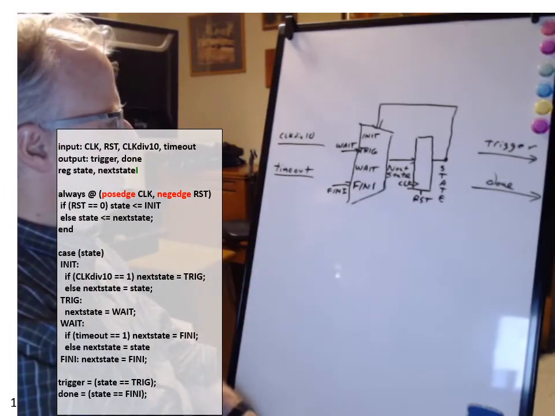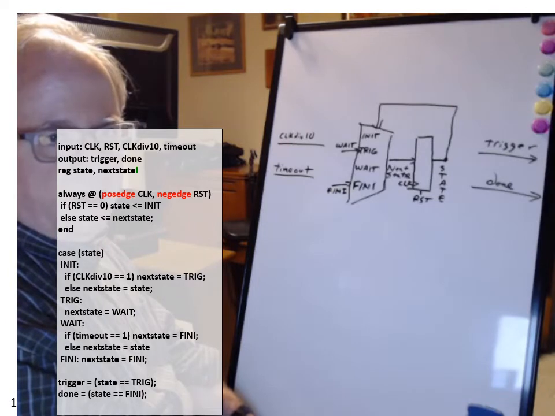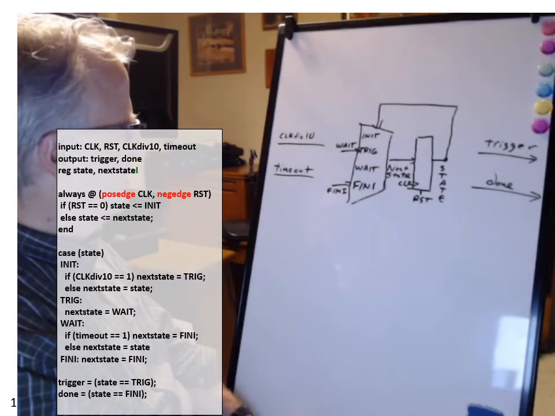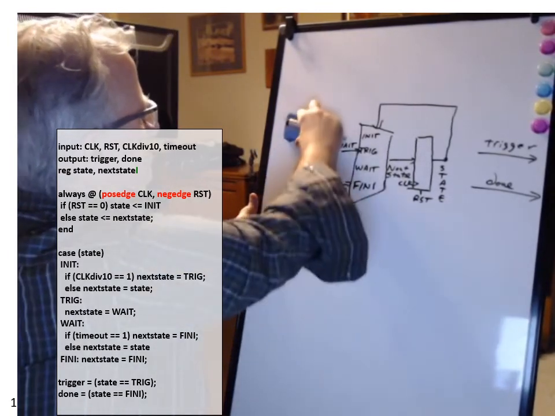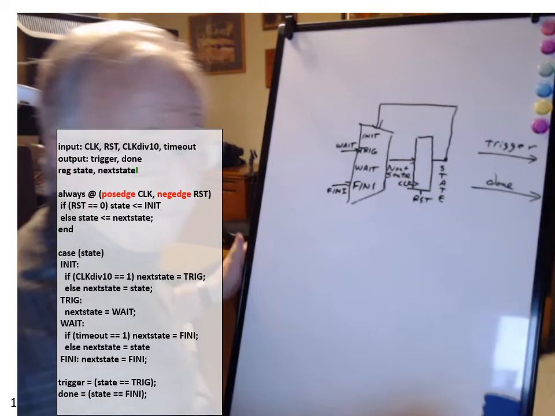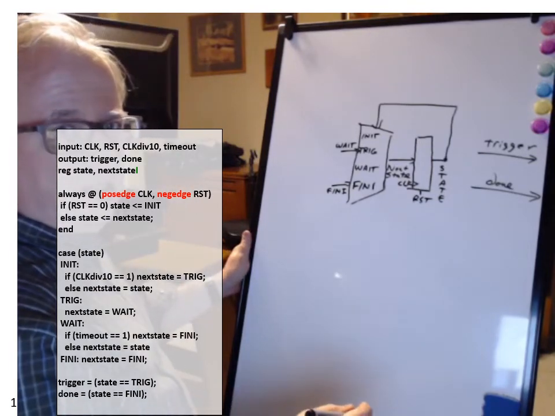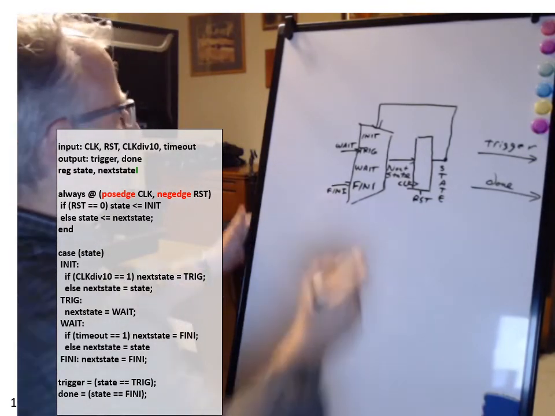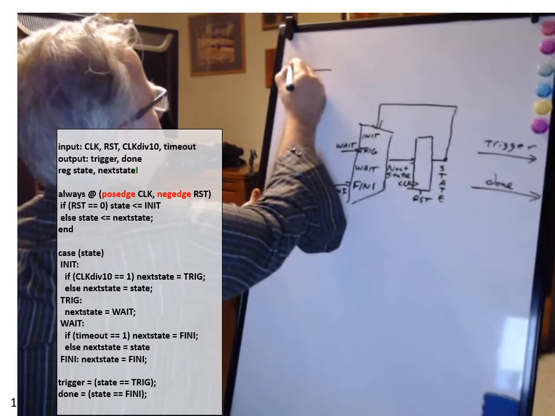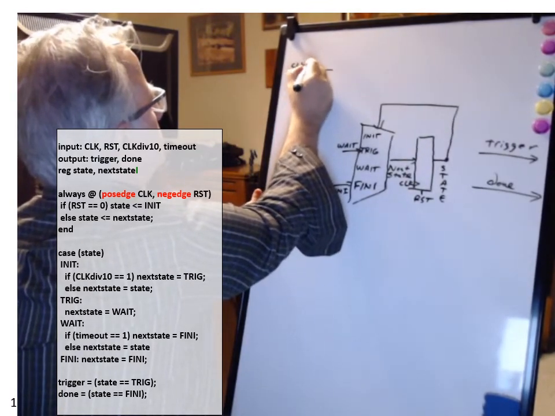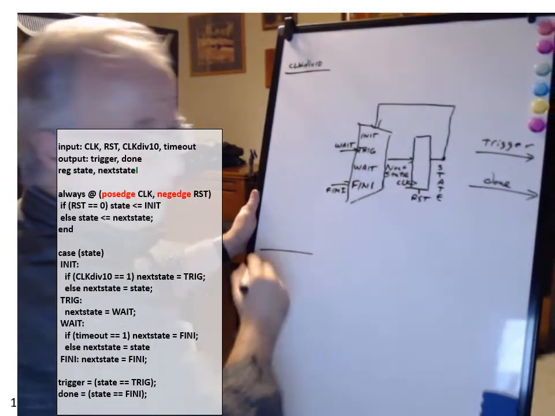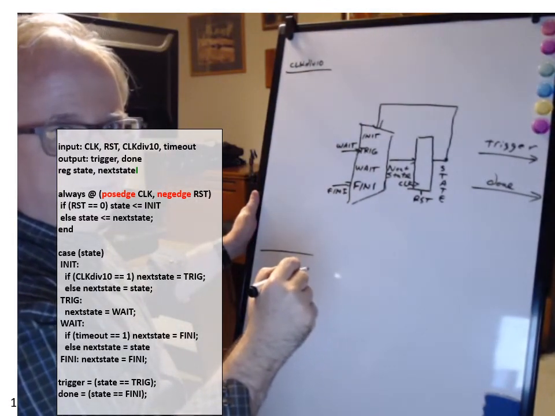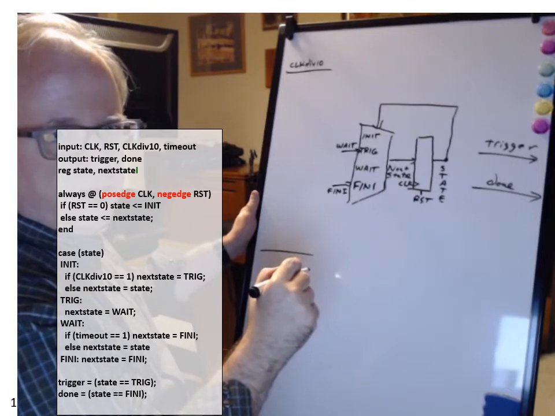Now init and wait are a little more complicated, and in fact I'm running out of space, so I'm going to move these 2 signals off to the side a bit. I'm going to put clock div 10 up here. I'm going to put the timeout signal down here.